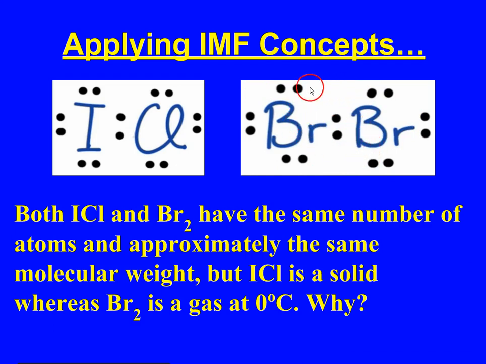So for this one, it takes less energy to get it to evaporate or break apart, because it's weak. The bromine, just at 0 degrees Celsius, will turn into a gas. It doesn't take much energy. This one, because dipole-dipole is stronger, is going to stay together as a solid.